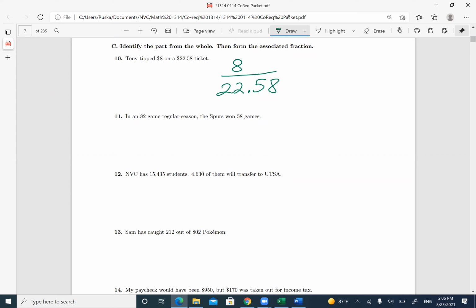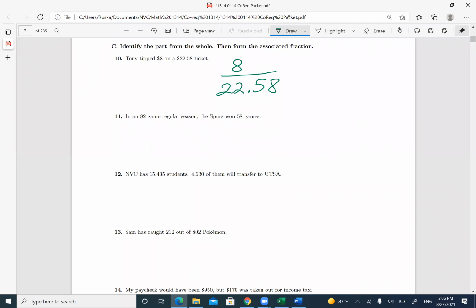the next one: in an 82 game regular season, the Spurs won 58 games. So how many games did they win? Which one is the whole and which one is the part? Would the 82 games be the whole and then the 58 be the part?